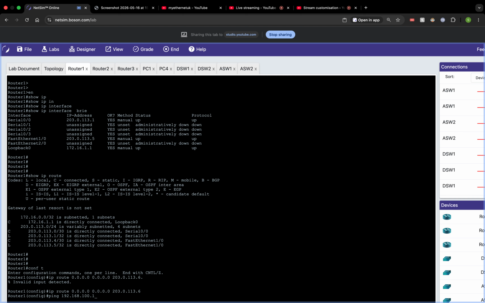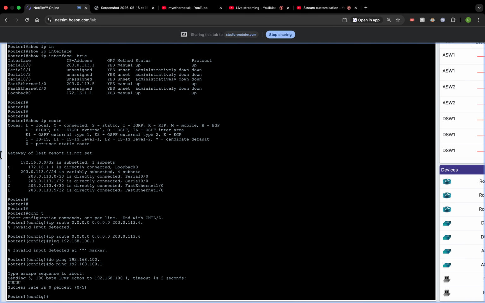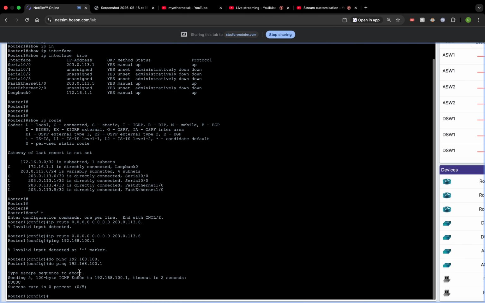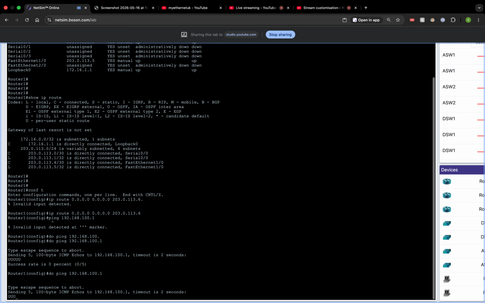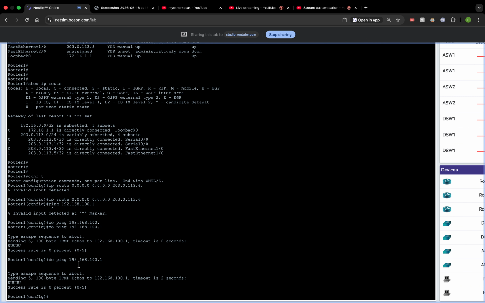Still can't ping. I think it would have been beneficial if we didn't have the outcome revealed there, but yeah, the ping has failed, because there's no route at the moment. DSW1 has no path to that network.